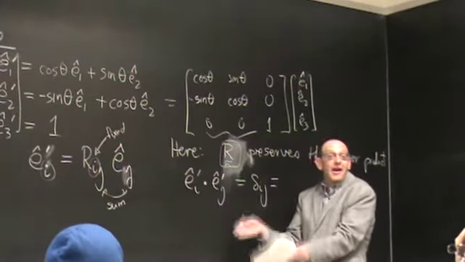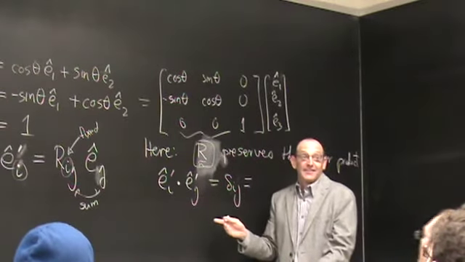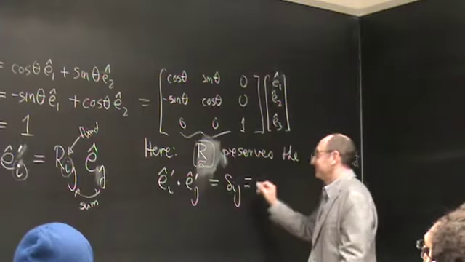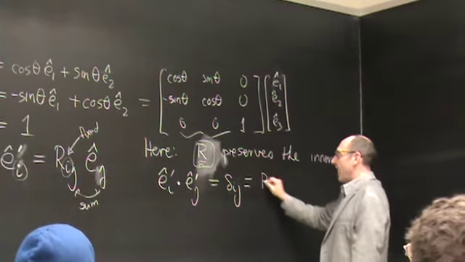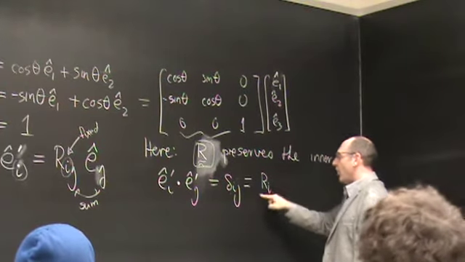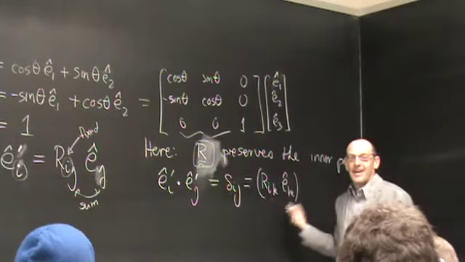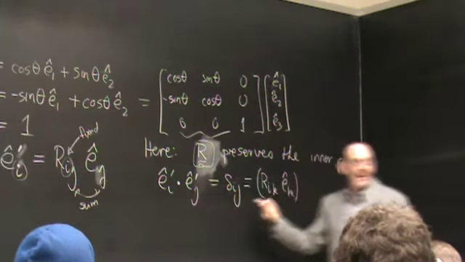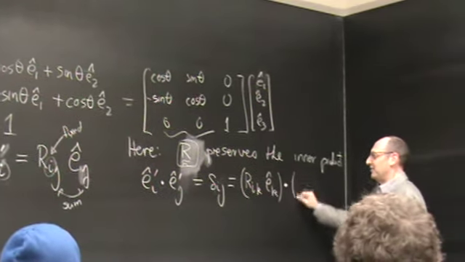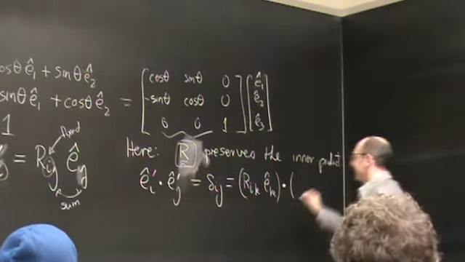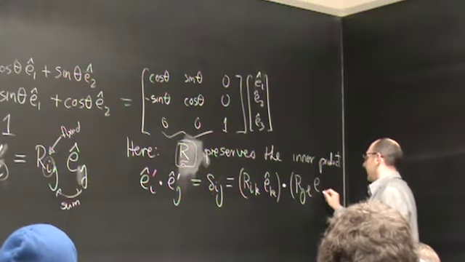If I want to introduce a dummy index, I don't want to use I and J. So there's K and L. So E I prime is equal to R I K E K, dotted into the jth index, R J L E L.